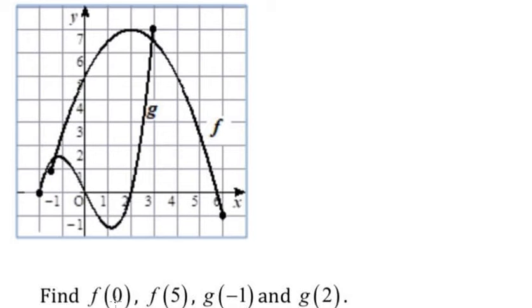We need to find f of 0, f of 5, g of negative 1, g of 2. So about f, when s equals 0, we have 0 in here, and we know the location of s equals 0 on f. Next, s equals 5.